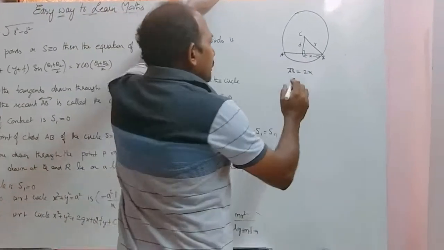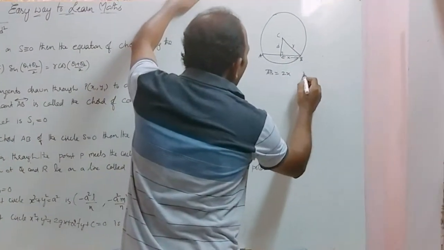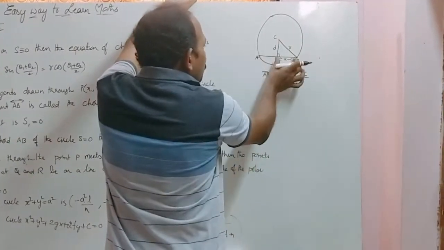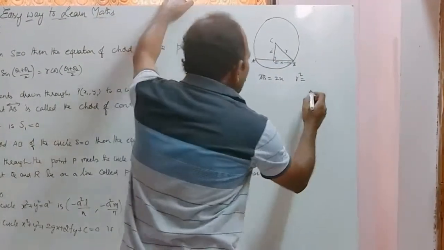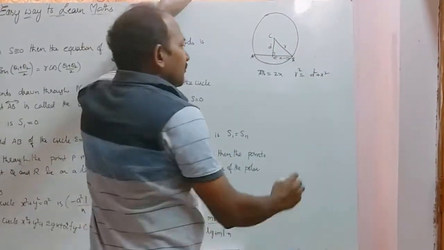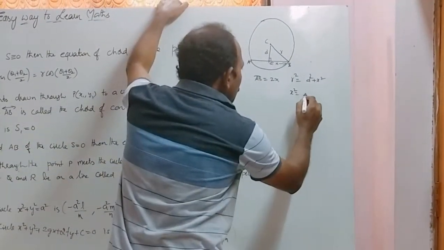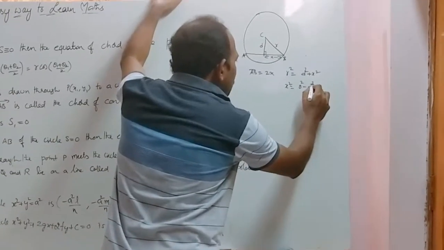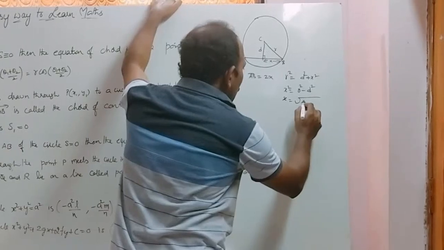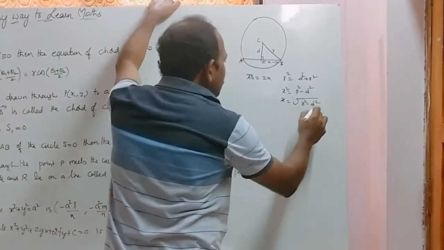Now applying Pythagoras theorem, r square is equal to the square of the hypotenuse, which is the sum of the squares of the other two sides, that is d square plus x square, and therefore x square is equal to r square minus d square. Then x is equal to the square root of r square minus d square.